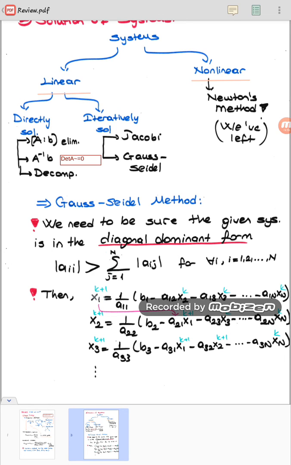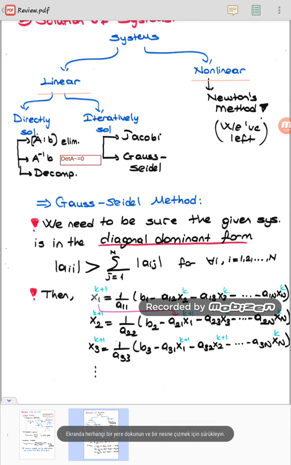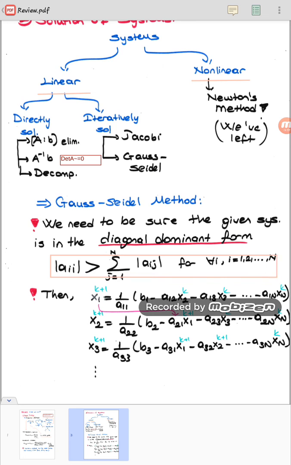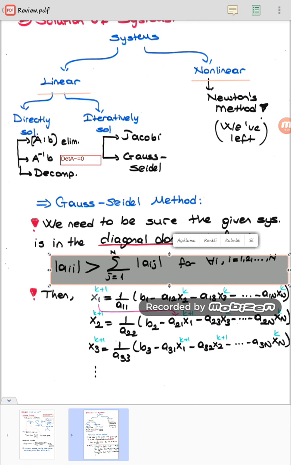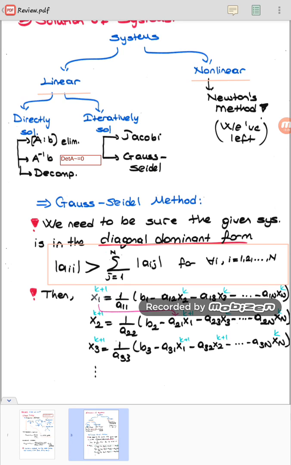Okay, so here is the model of diagonal dominance. Here you can see the model for our expression, so it is so important for your understanding. Okay, after we are sure about the diagonal dominance, if we say yes, the whole system is diagonally dominant, then we can discuss the iteration process.